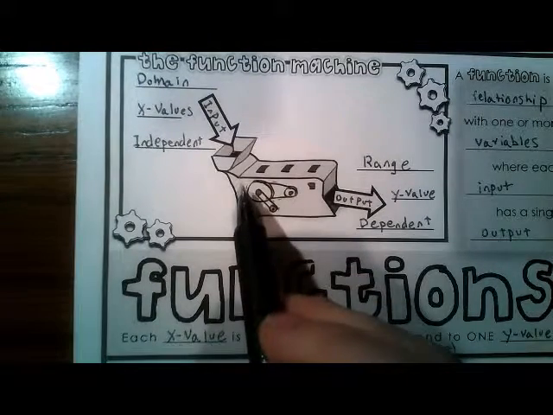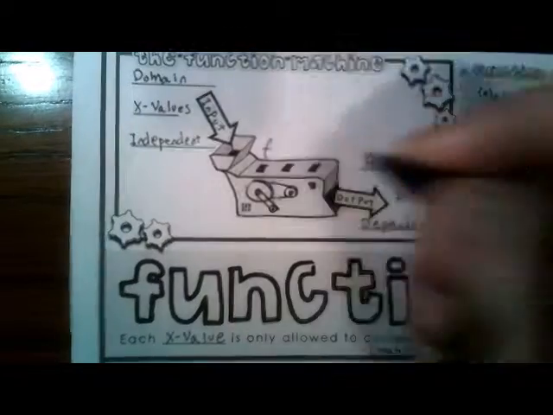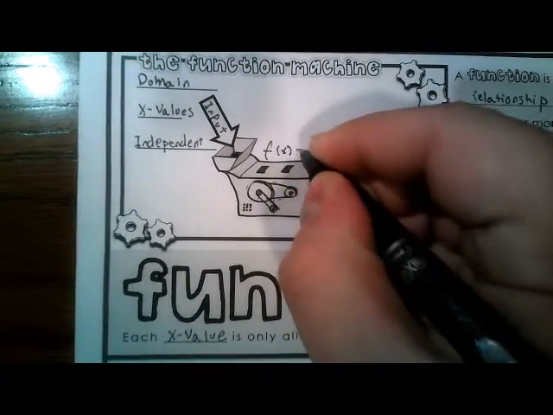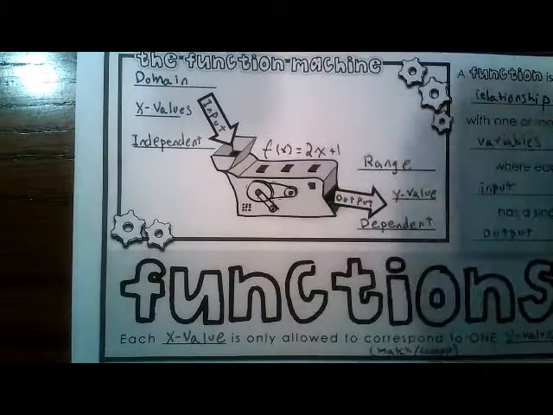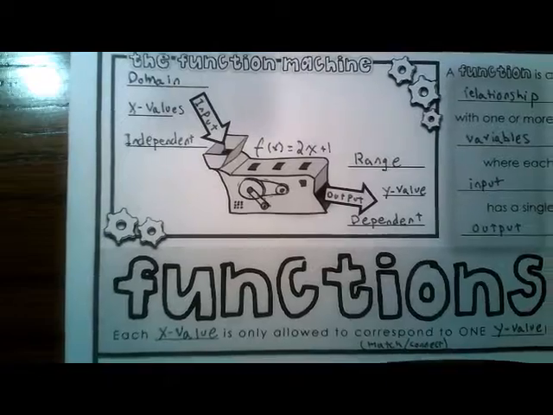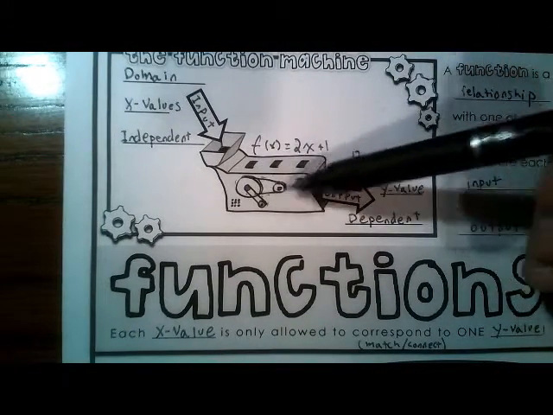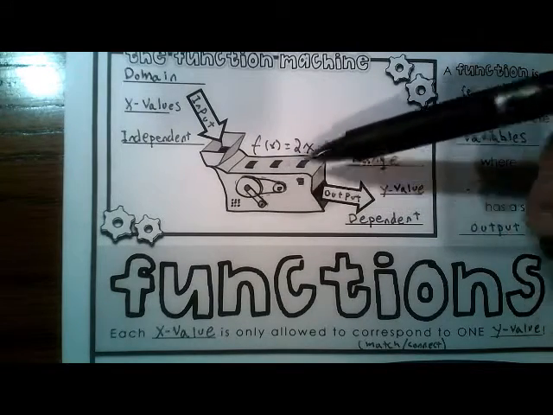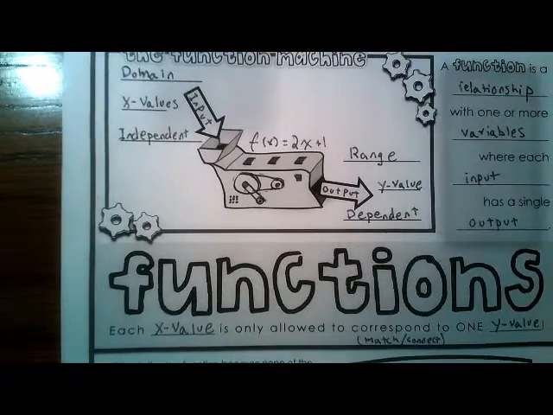In this machine, and don't write this, okay, but let's say this machine is called f. Okay? And when I put in these x variables, I'm going to multiply it by 2 and add 1. So if I put in 3, 3 goes in, what does my function do? It multiplies 2 by 3, gives 6, adds 1, that's 7, and it outputs 7.